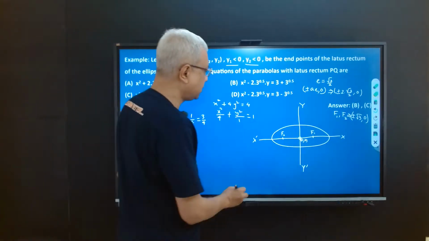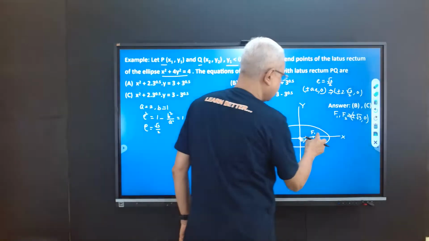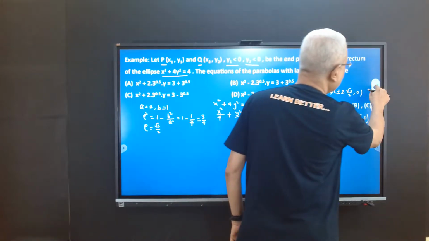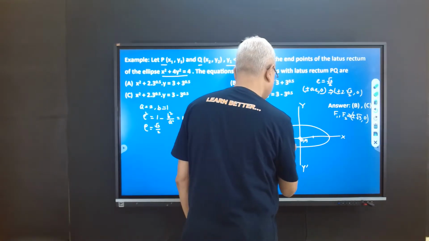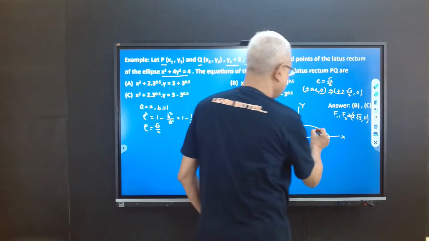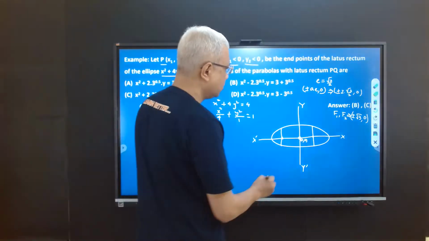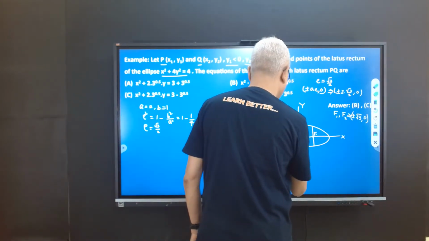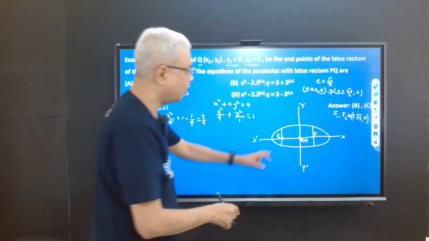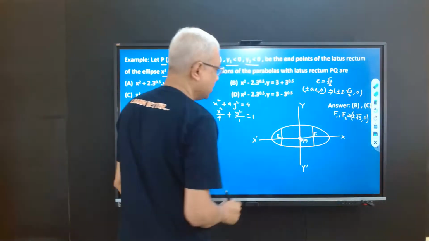Up to this, there is no doubt. Now, latus rectums are like this. So, this is one latus rectum passing through the focus, perpendicular to the axis. This is another latus rectum. So, this is F1, this is F2, and their coordinates are root 3, 0 and minus root 3, 0.